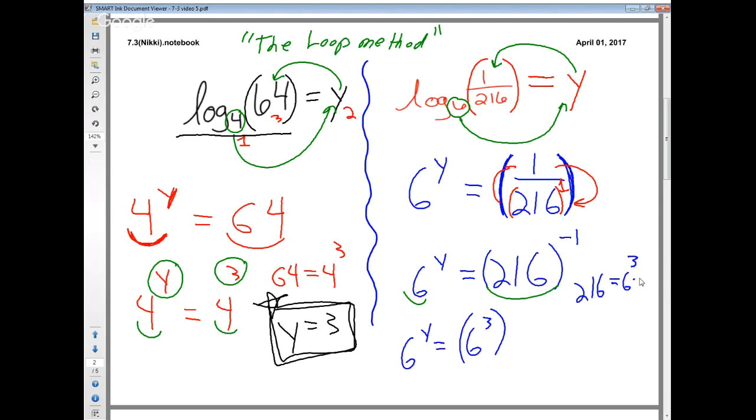But remember, 6 cubed still has the negative 1 on the outside. So now just multiply the 3 and the negative 1, and now you have 6 to the y equal to 6 to the negative 3. There you go. We got the bases the same, so just set the exponents equal, and you have y is equal to negative 3 as your final answer.